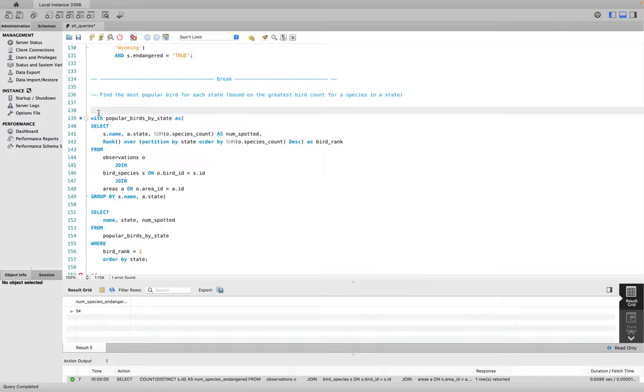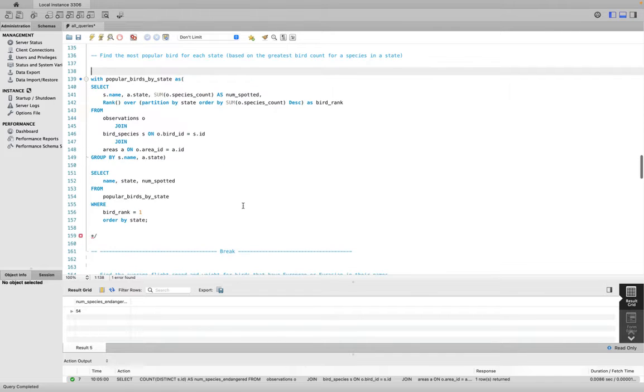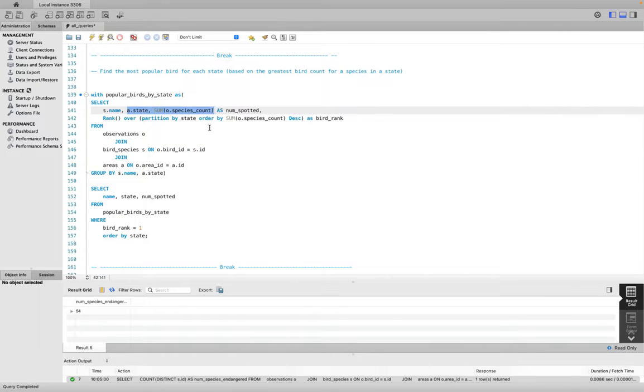The next query uses another CTE, and we're going to find the most popular bird for each state based on the greatest bird count for species in a state. So what that's going to do is we're going to find the name, the state, the count for all the species that were spotted in that state. We're going to give that the alias of number spotted, and then we're going to rank each.